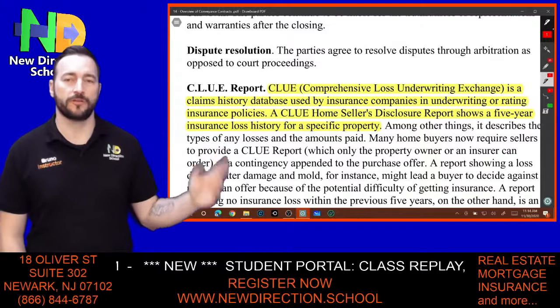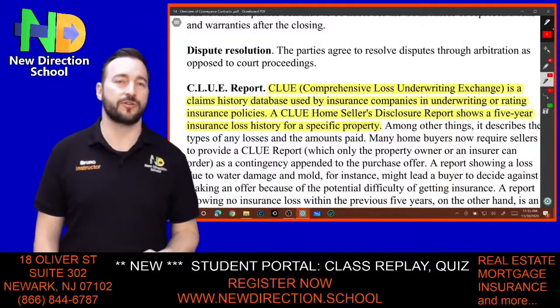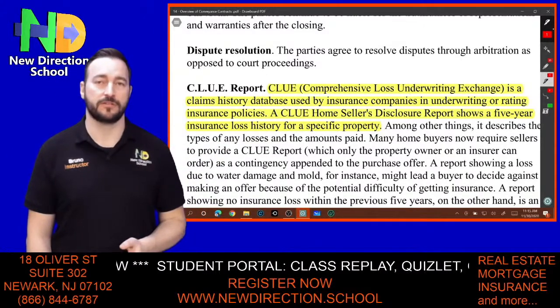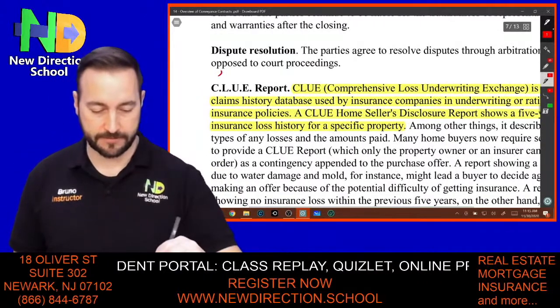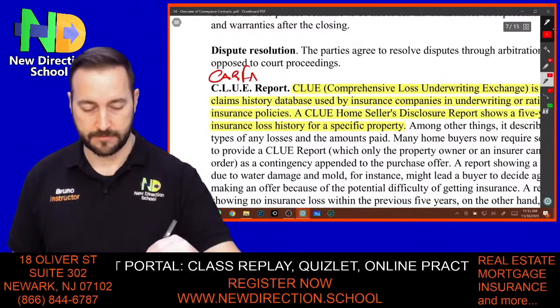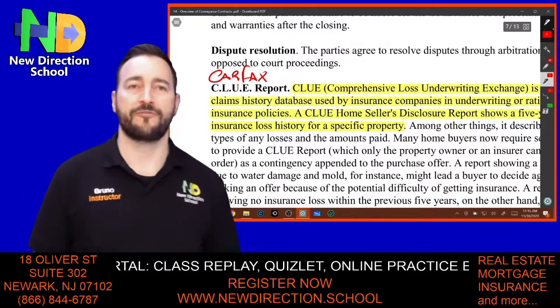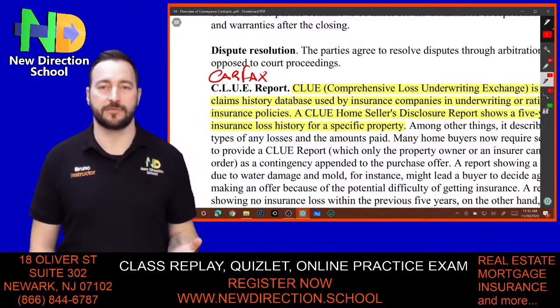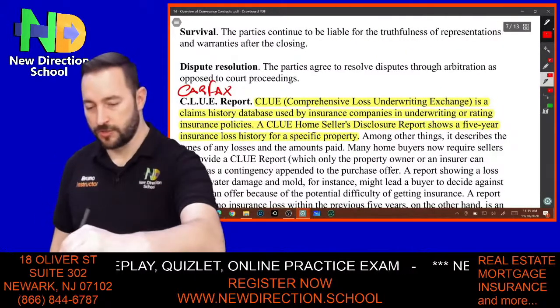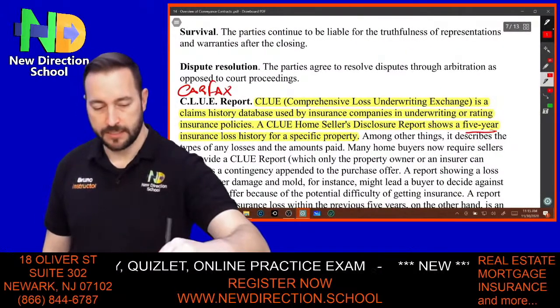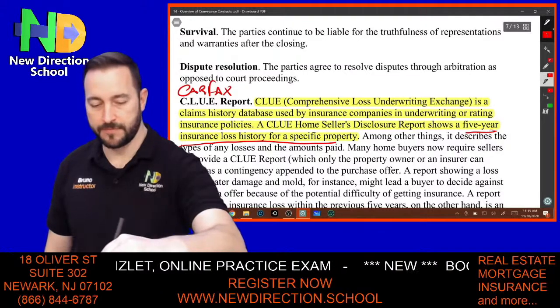The CLUE report gives us a claims history on the property for the past 5 years. This is the equivalent to Carfax. It lets us know if there's any claims against the property. It shows the 5-year insurance loss history of the property.